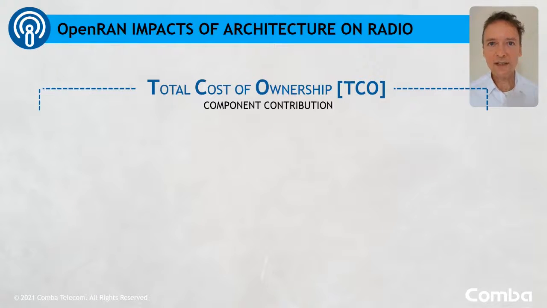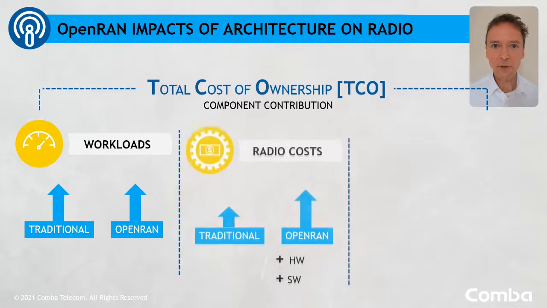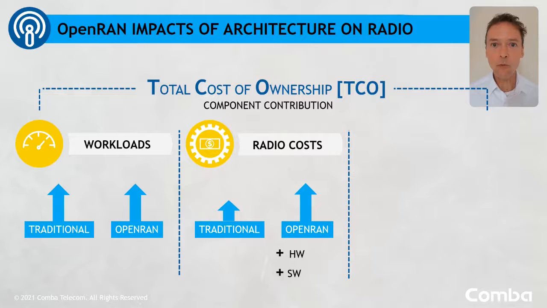So where does this leave us? In theory, it's a zero-sum game, just different distribution. As a full E node G or E node B, the traditional RAN and the OpenRAN does the same work. There's no change in functionality by such. But the costs are redistributed. An OpenRAN radio will be more expensive as it requires more hardware to fulfill the additional function.